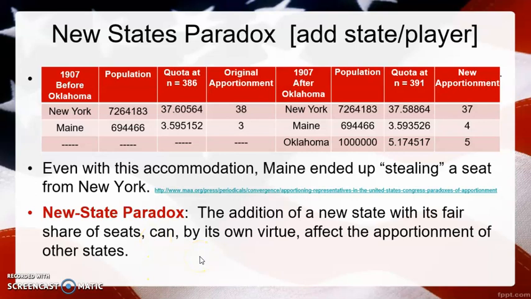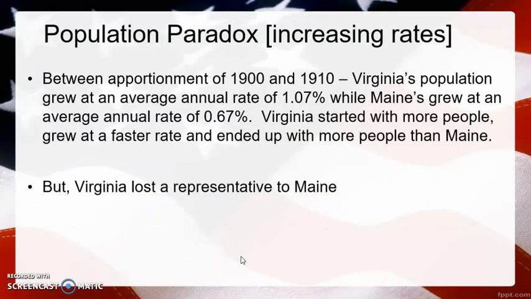The addition of a new state with its fair share of seats can, by its own virtue, affect the apportionment of other states. And then the last paradox that we'll look at is the population paradox. Between the apportionment of 1900 and 1910, Virginia's population grew at an average annual rate of 1.07%, while Maine's grew at an average annual rate of 0.67%. Virginia started with more people, grew at a faster rate, and ended up with more people than Maine.